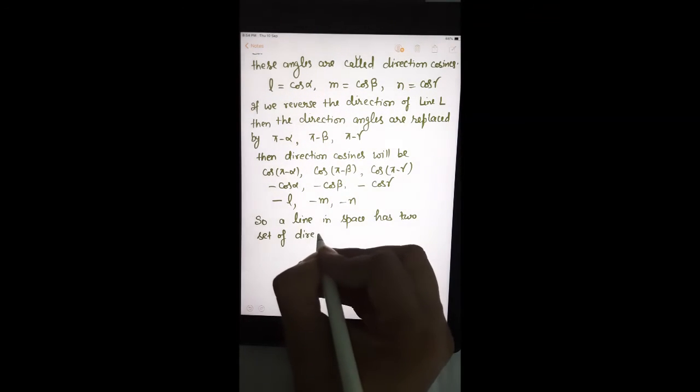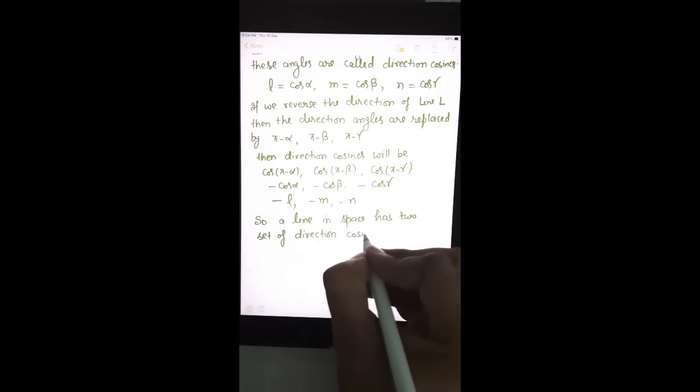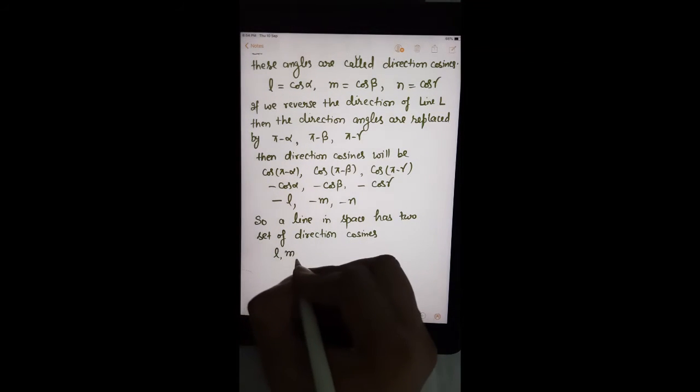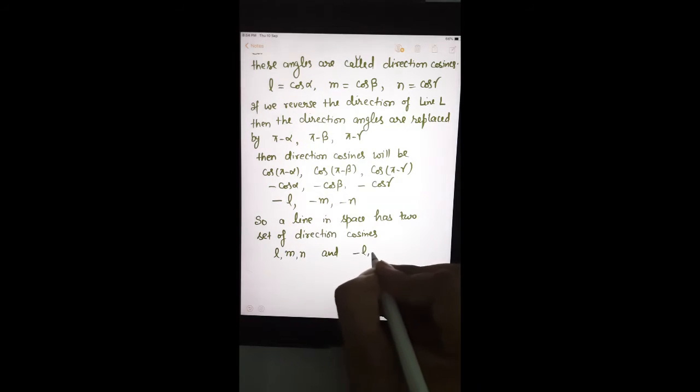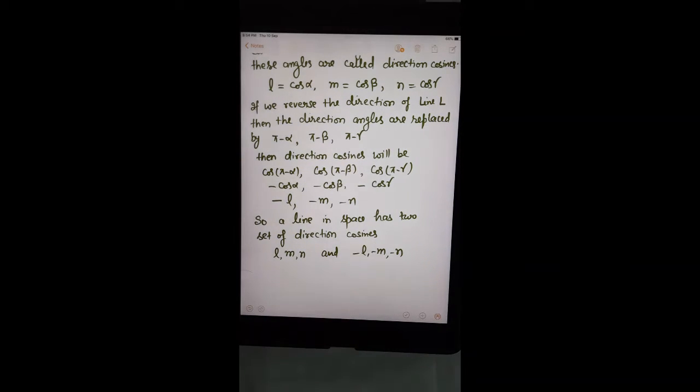First one is l, m, n, and the other one is minus l, minus m, and minus n. So these are the two sets of direction cosines.